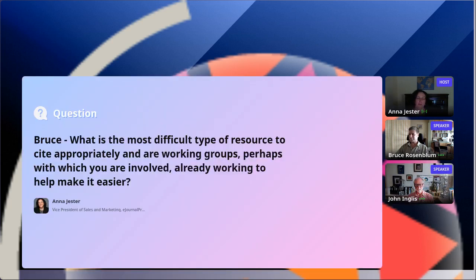And then Bruce, and John, I'd be happy to have you weigh in on this as well. What is the most difficult type of resource to cite appropriately? And are working groups, perhaps with which you are already involved, working to make it easier? I think right now, the single hardest type of resource to cite appropriately is a data citation. A lot of times those aren't complete. The reason that's so important is because data citations are more and more getting special handling at Crossref, so that you make a tighter tie between deposited data and the journal article.